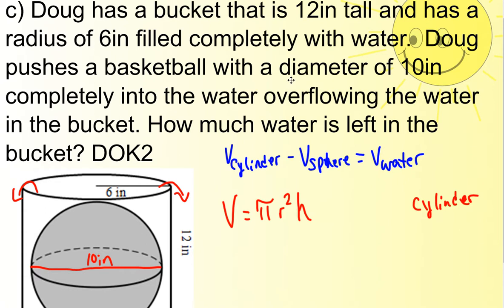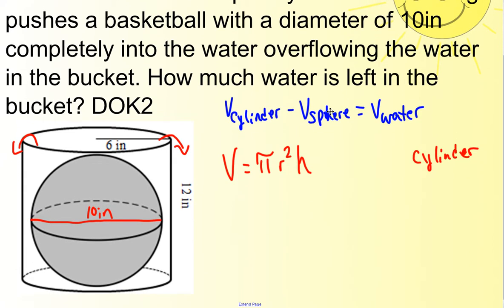No. It tells us the ball has a diameter of 10 inches. Doesn't say what the volume is, so we're going to have to find that out. So once we find out the volume of the cylinder and the volume of the sphere, if we subtract them, that will be the answer to the question. So let's get to it. Step 1, write down the formula. Step 2, substitute. We don't know the volume of the cylinder. Let's stick with red for now.